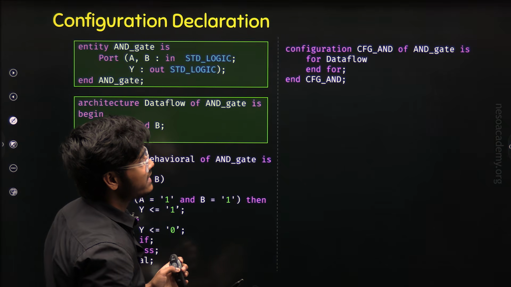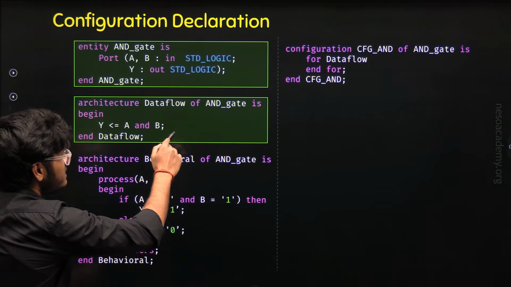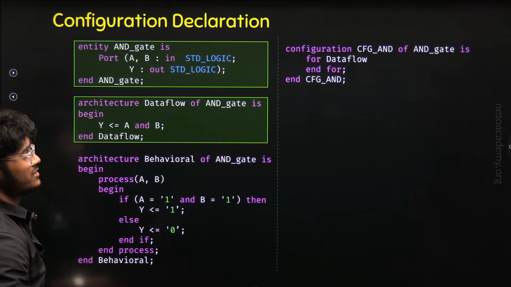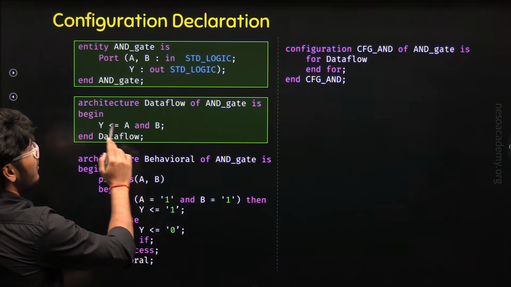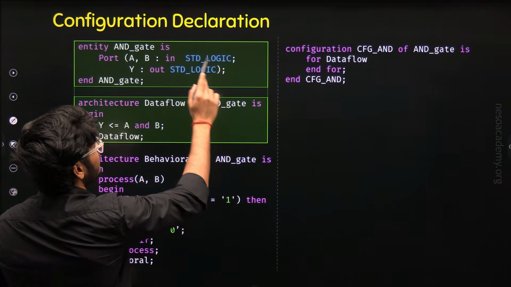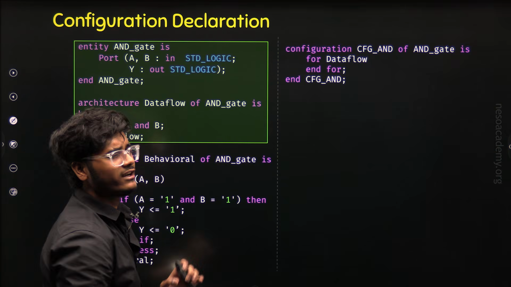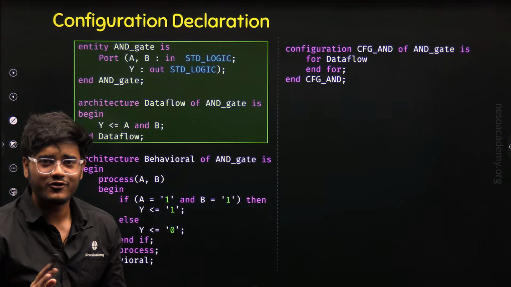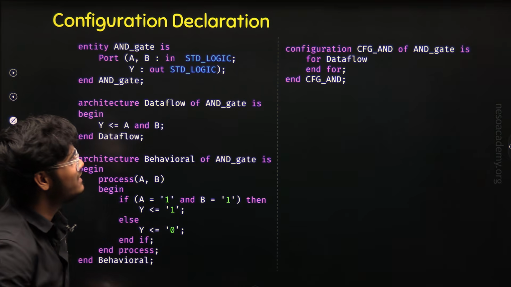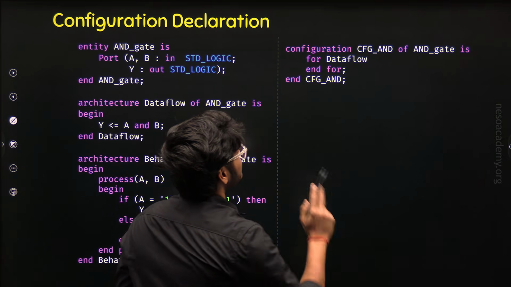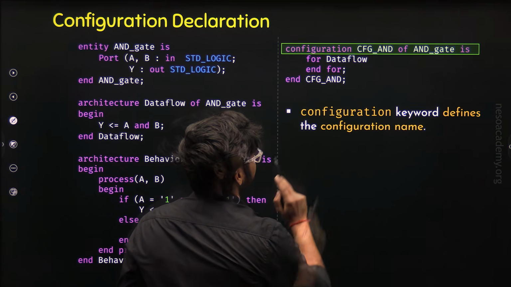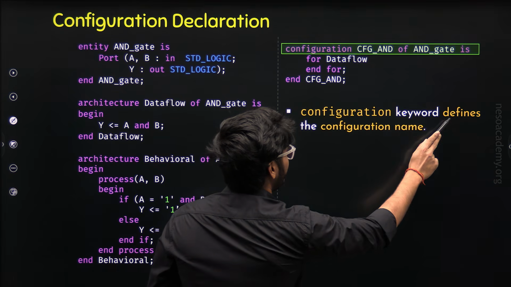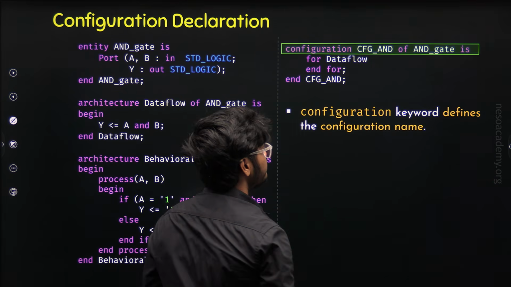Now configuration declaration will merge this entity and architecture. Means configuration will bind this architecture with this entity. Now let's understand the syntax of configuration declaration. So the code starts with the keyword configuration. Configuration keyword defines the configuration name.